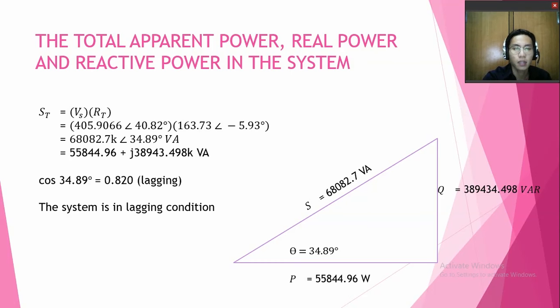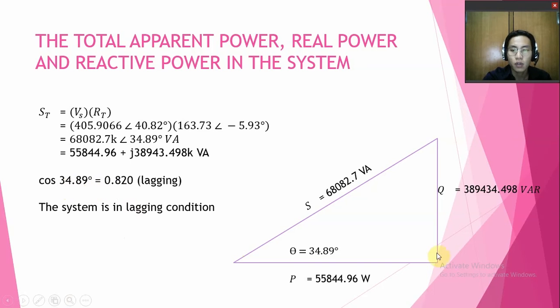As the angle here is 34.89, which is a positive value, we have cos theta equal to 0.820. In terms of power factor, it is a lagging condition. Therefore, the system is in lagging condition because of the positive value of the angle.